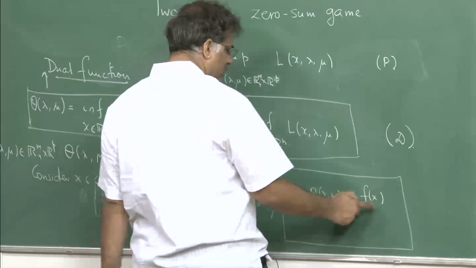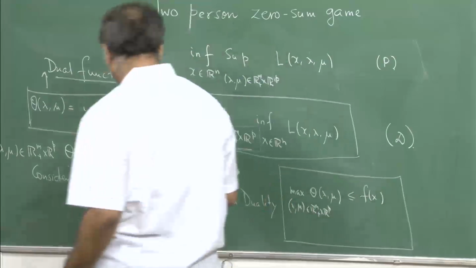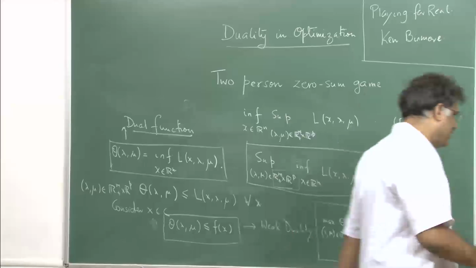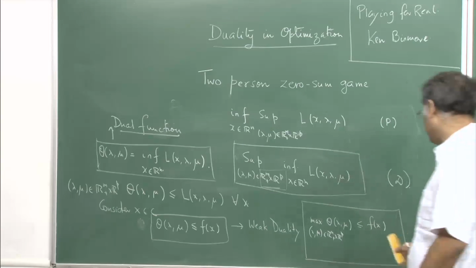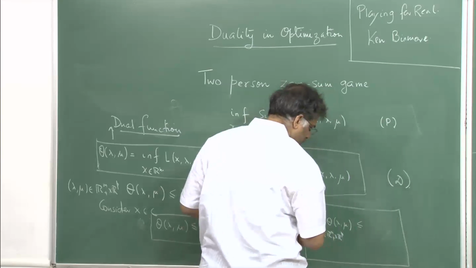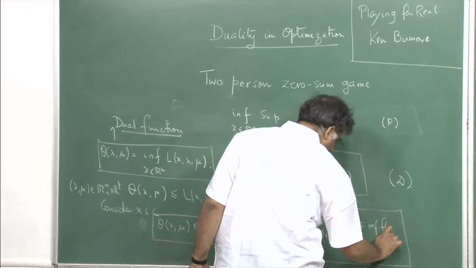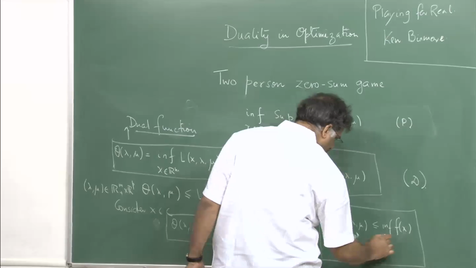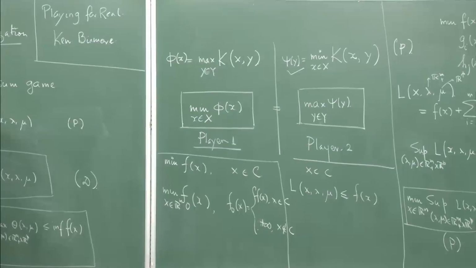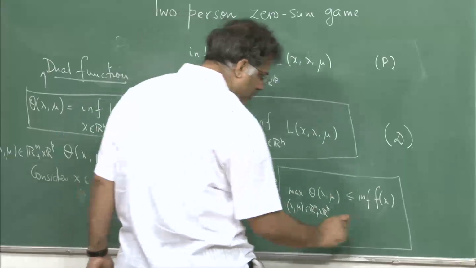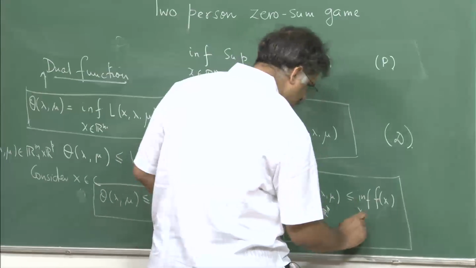Once this is done, this is true for whatever x you choose. So, I can again take an infimum over the x's, which is my primal problem over C, and I will get this relation. So, this is a consequence of the weak duality inequality. This is sometimes also called the weak duality, either this or this, whatever you want to call, because this is the same as this, and this implies this.